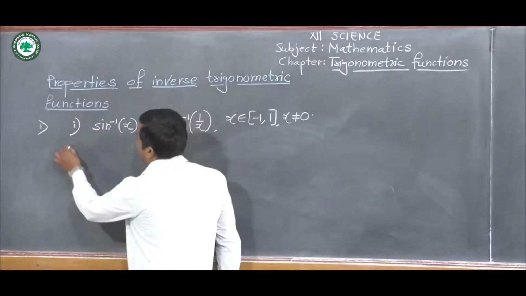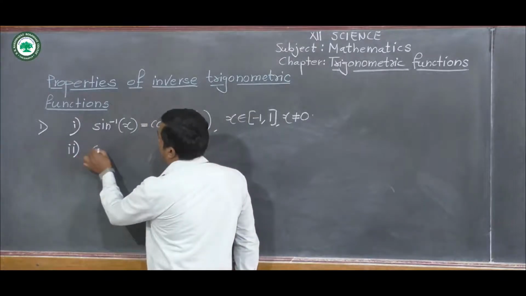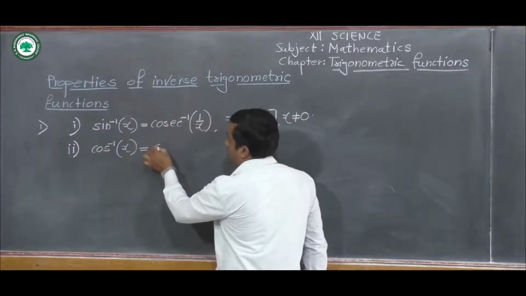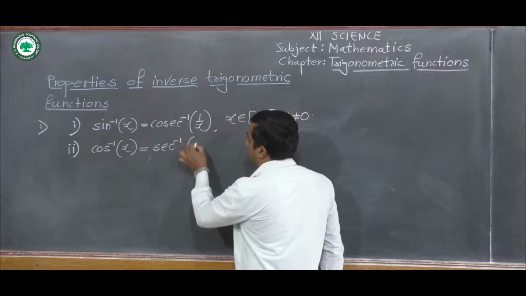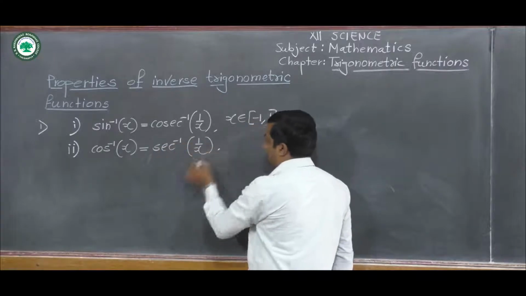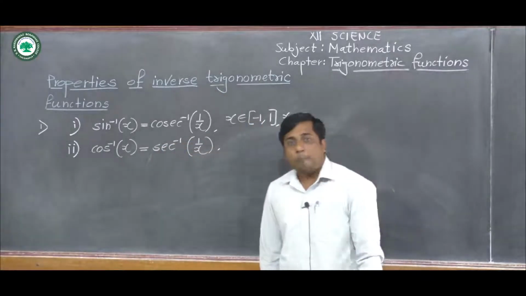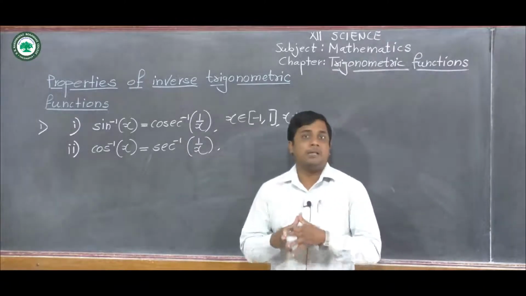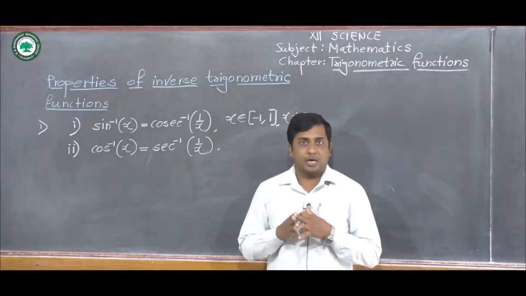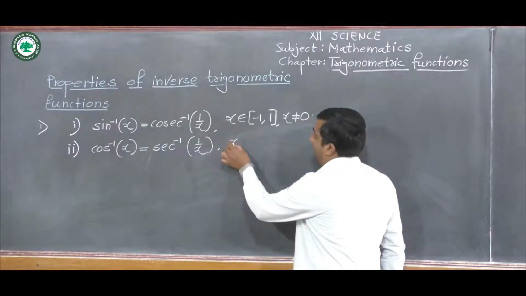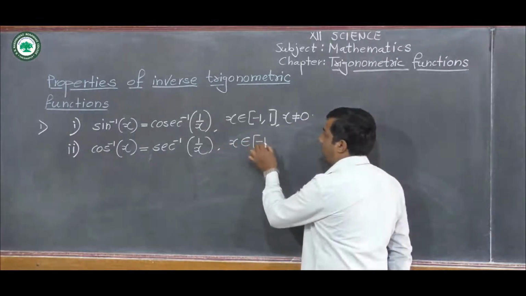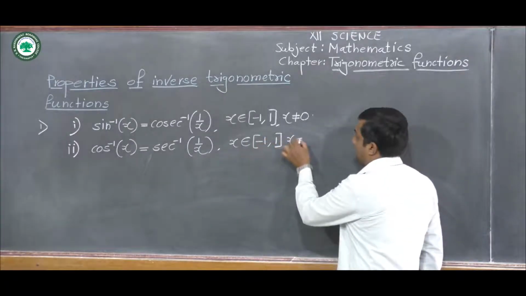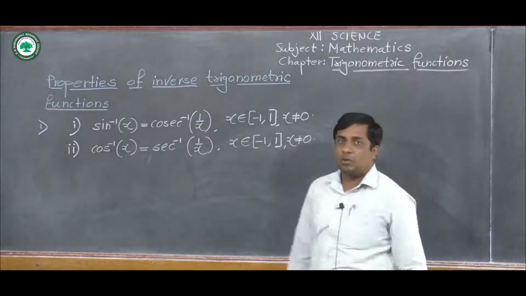Let's go with our second property here. Cos inverse of x is equal to sec inverse of 1 upon x. Again we define this property by using the principal value branch of the given inverse trigonometric function, where x belongs to the closed interval minus 1 to 1, and again x is not equal to 0.